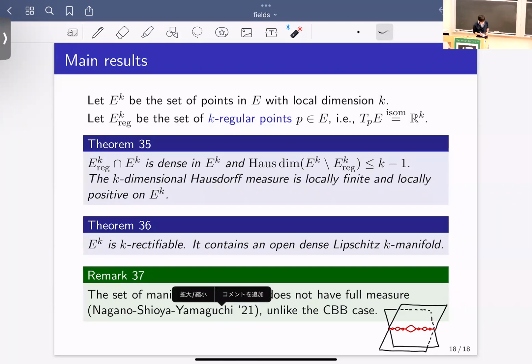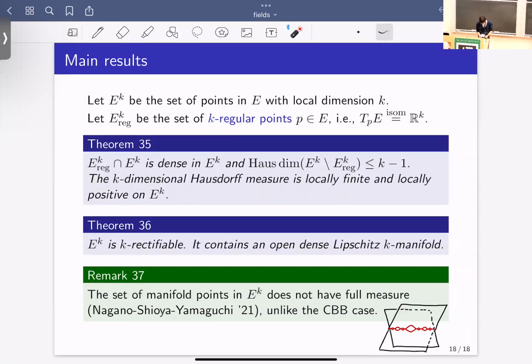And for the manifold structure of extremal subsets, we obtain the following theorem. So E_k is k-rectifiable, meaning that E_k is covered by a countable family of the images of Lipschitz maps from subsets of k-dimensional Euclidean space up to a set of measure 0.